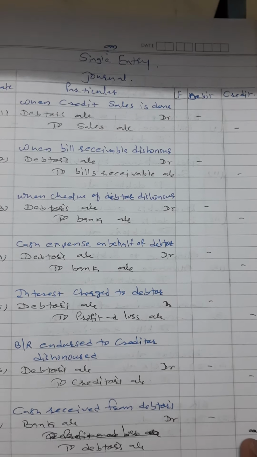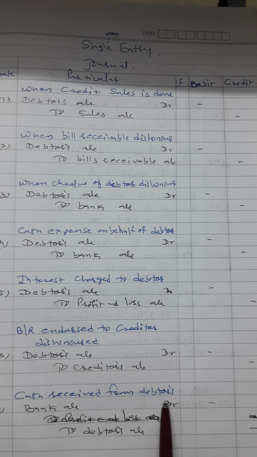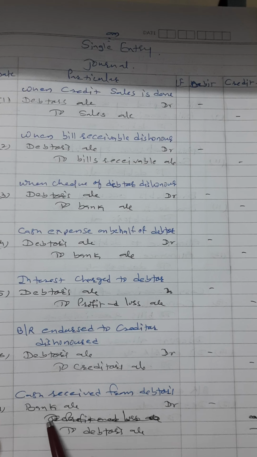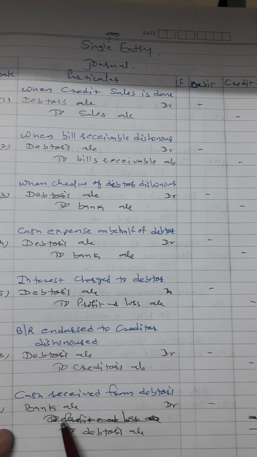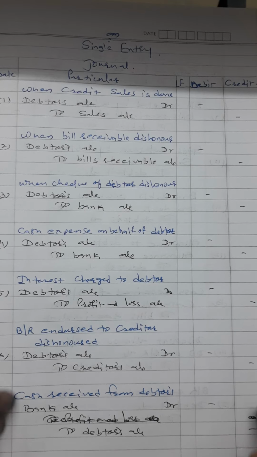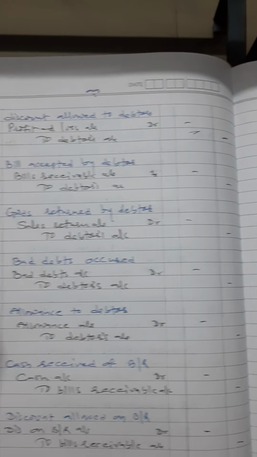Seventh entry is cash received from debtors. So cash and bank account will be debited to debtors account. If check is received, then bank account will be debited and debtors account will be credited, and check must be deposited in the bank.